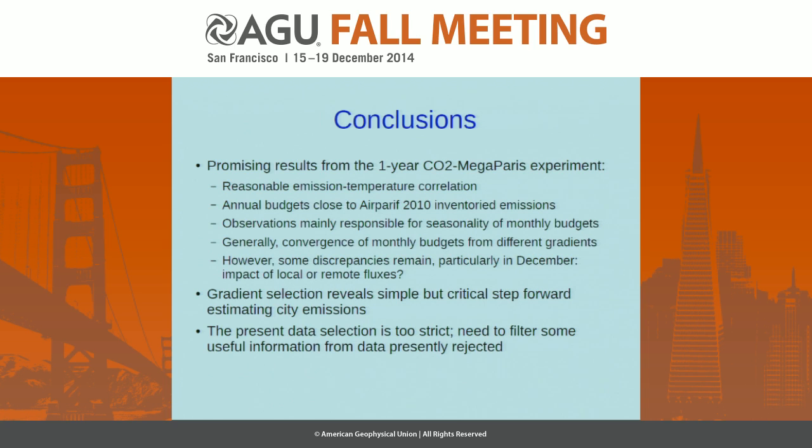It's not very complex, so it seems to be working nicely, but it doesn't mean that it works for cities with a much more complex terrain. And one drawback of the gradient approach is that the data selection is quite strict, so you lose a lot of data, and some filtering might be needed to use more information out of these data. Okay, thank you.